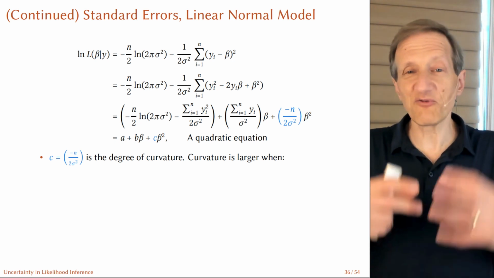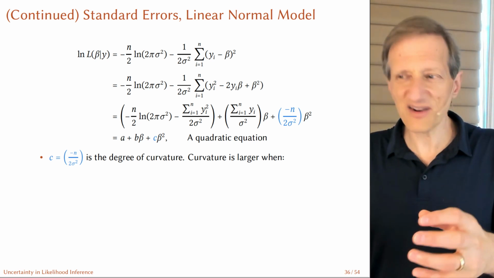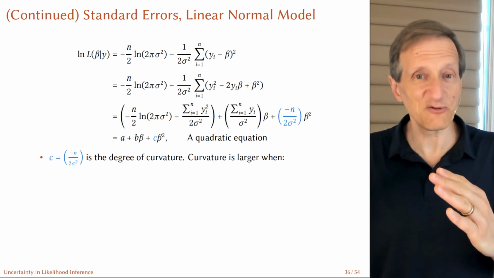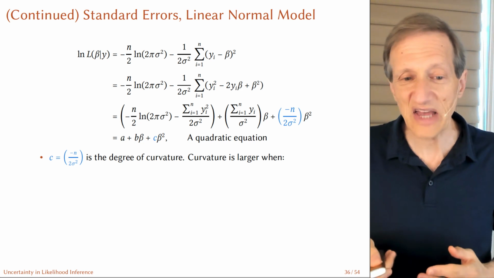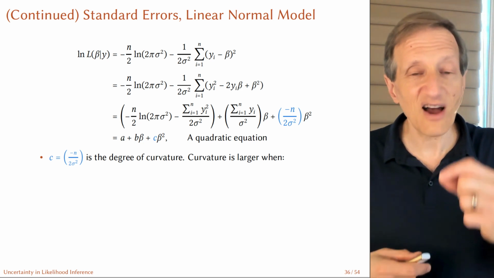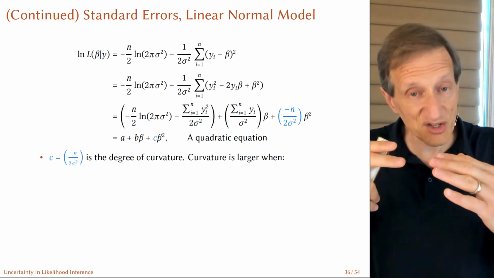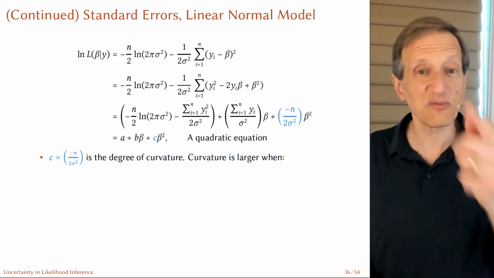Because you remember when you run a regression with a constant term, x, and x squared, the coefficient on the squared term is how much bend there is in the regression. That's how much curvature there is. That's exactly what it is. So C is the measure of curvature. So that's what we'll use as our measure of how curved the likelihood is at the maximum. It's the coefficient on the squared term. But in this case, it's the squared term of beta.